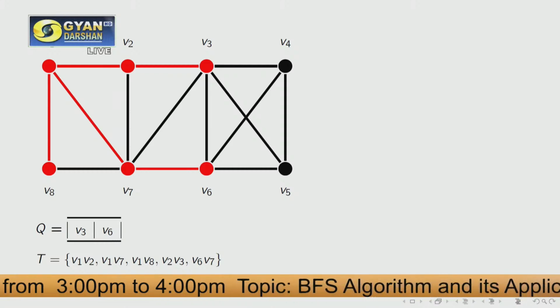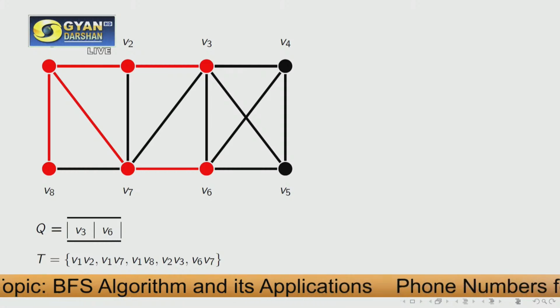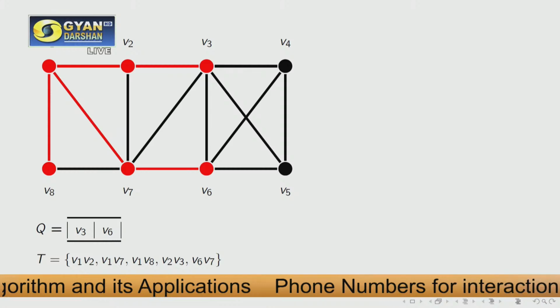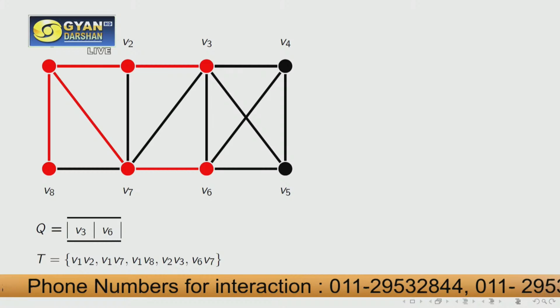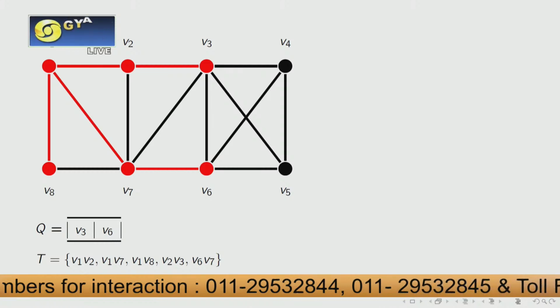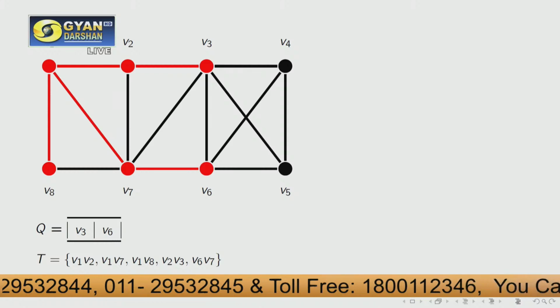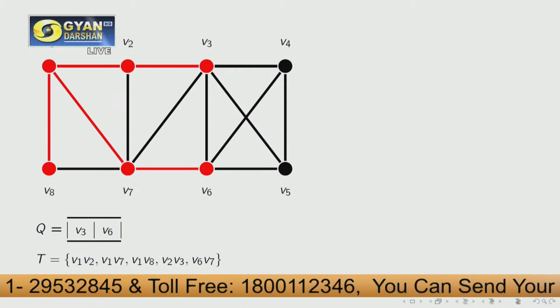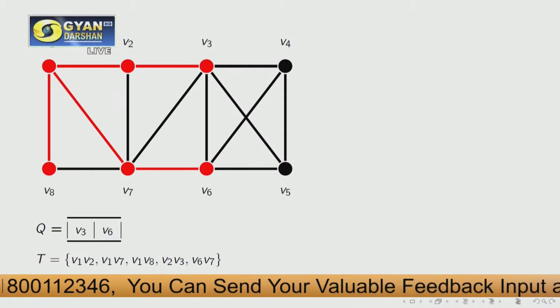So let's see what are the neighbors which are still unvisited in this graph. We can see that the two neighbors V4 and V5 are still unvisited. So we just visit them one by one. First we visit say V4, then V4 is marked as red.